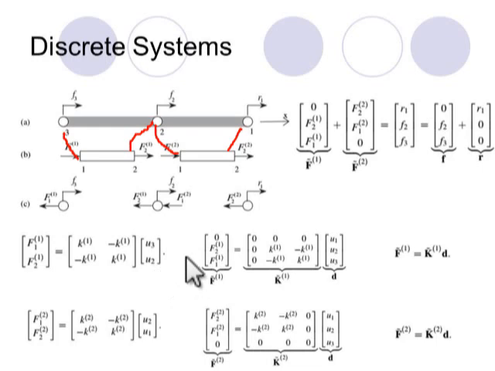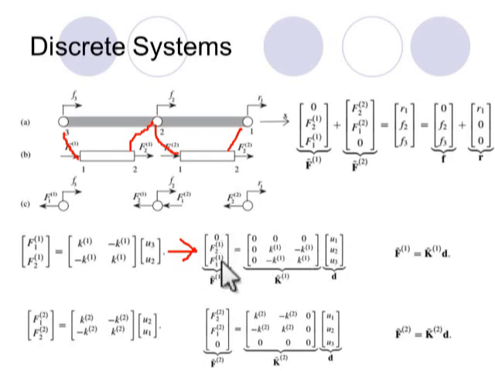Now I can write this equation like this. I just put an additional row, right? It will not change anything.